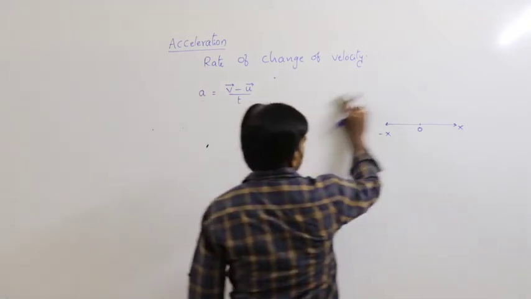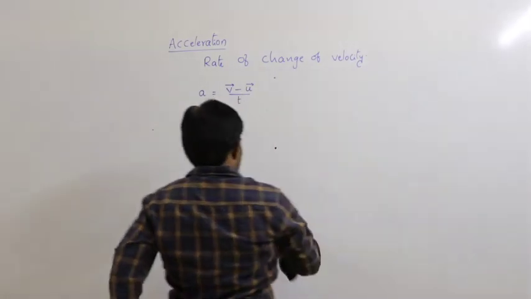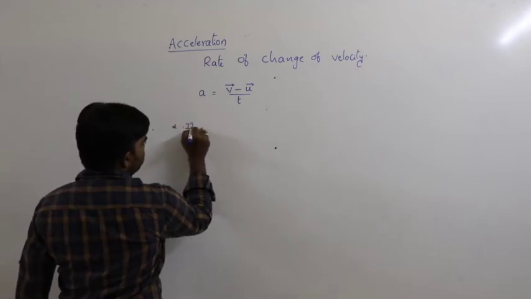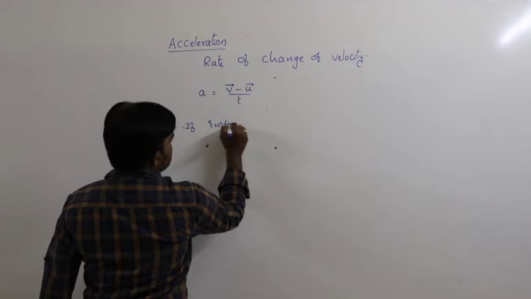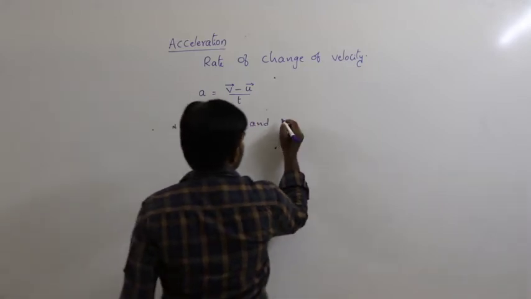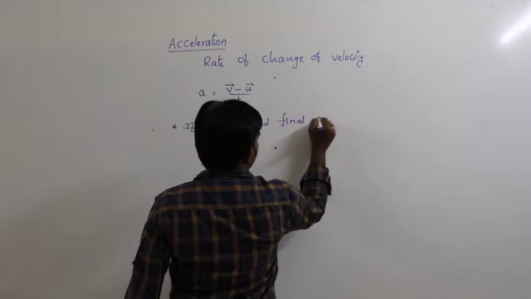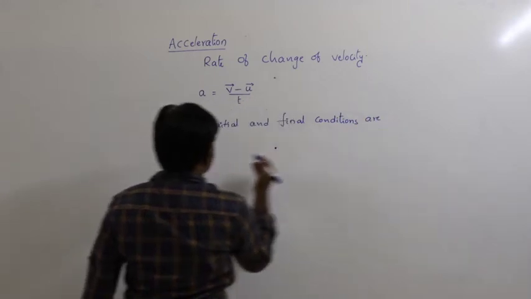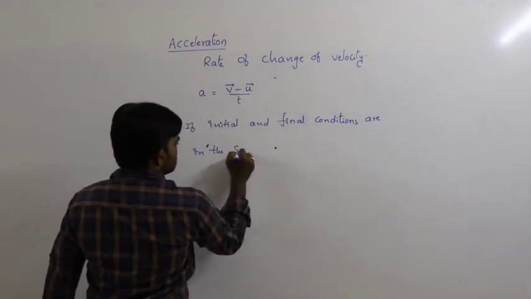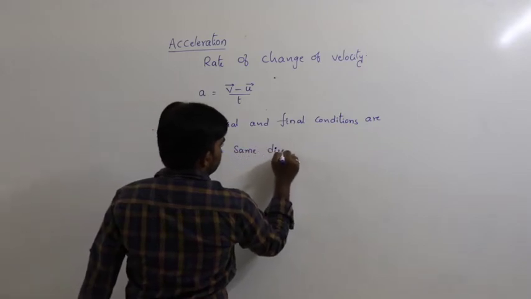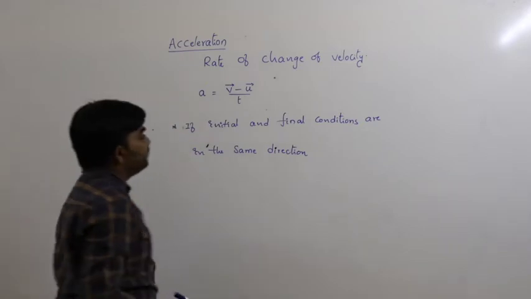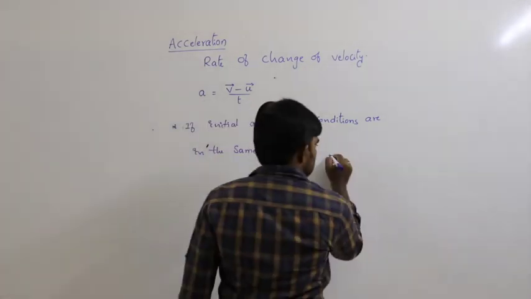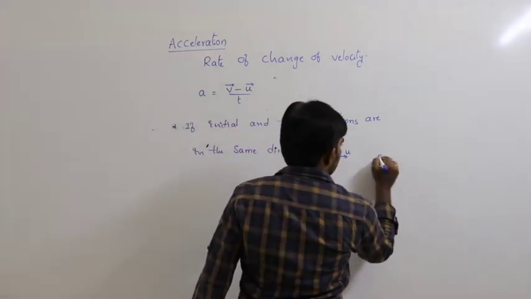Now let us take one condition here. If the initial and final conditions are in the same direction, let us say it is u and it is v.